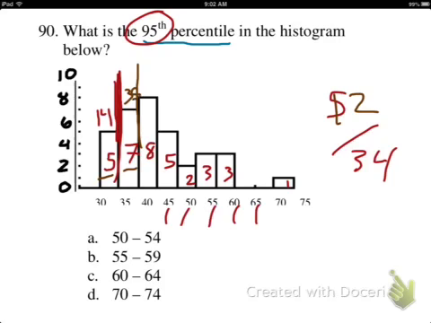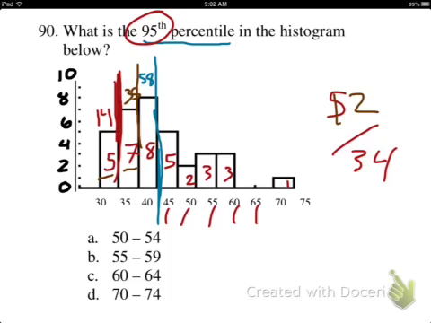So you see we're still pretty far away from where we need to be. How many people are below 45? I have 5 plus 7 plus 8, which gives us 20. And I do 20 divided by 34, so that's going to be 58%. 58% are below 45.